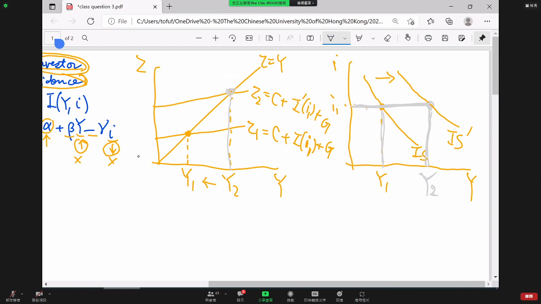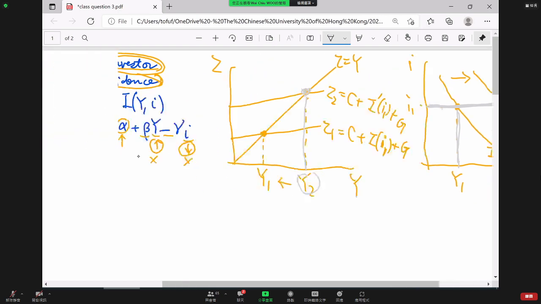Even at the same interest rate, you will have a higher output level to make the goods market in equilibrium. So that is what A is about.